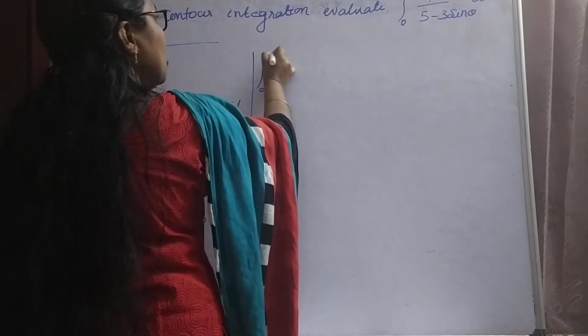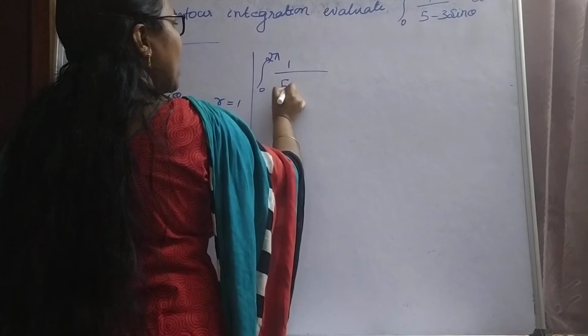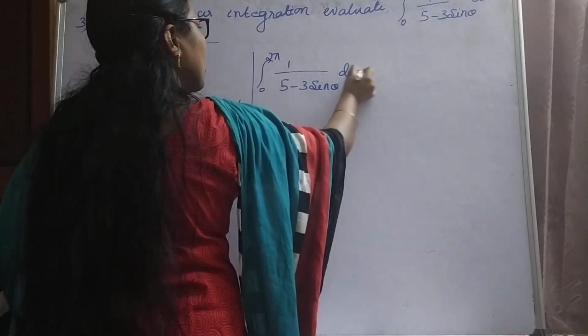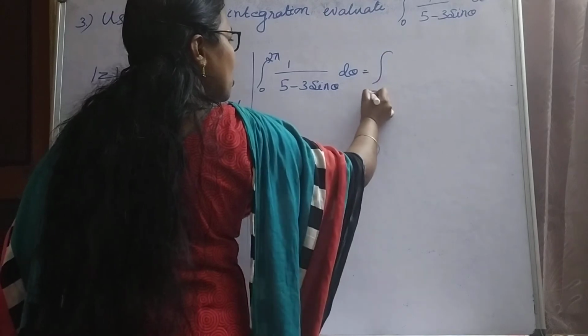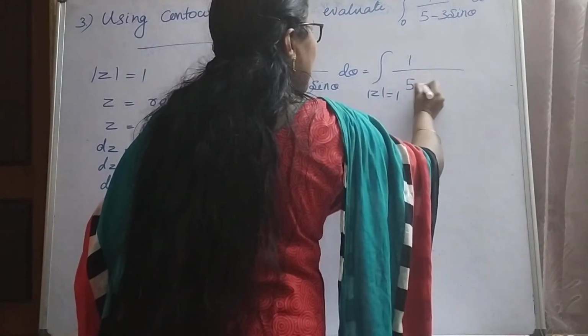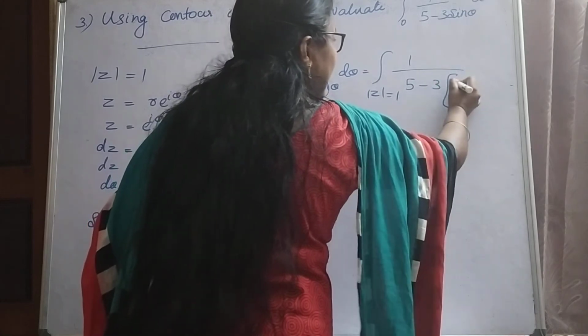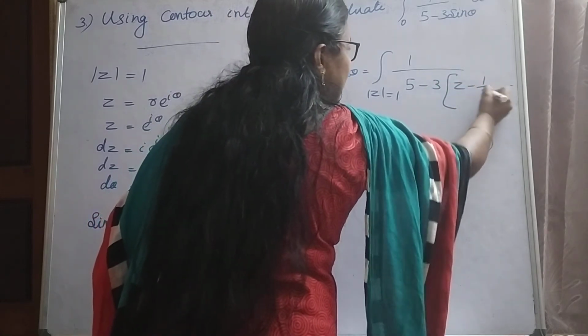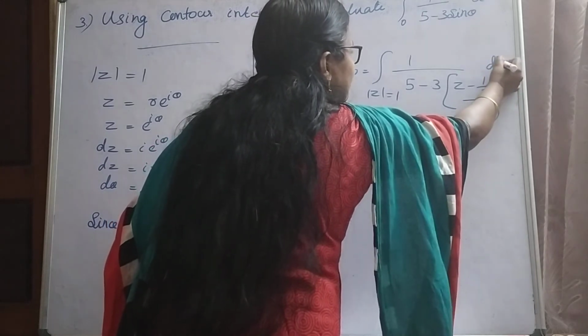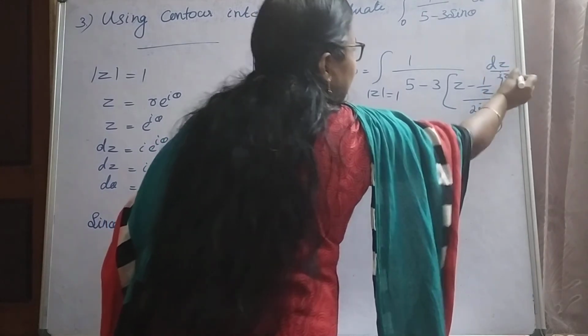Integral 0 to 2 pi 1 by 5 minus 3 sin theta d theta equal to integral mod z equal to 1, 1 by 5 minus 3 times z minus 1 by z by 2i, d theta is dz by iz.